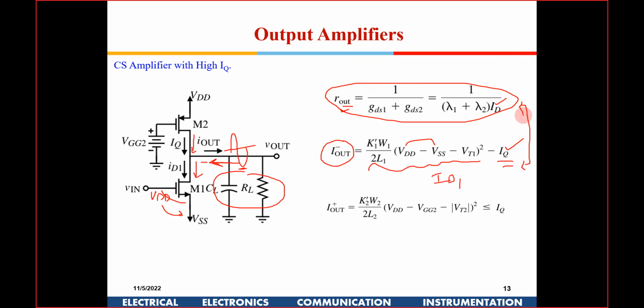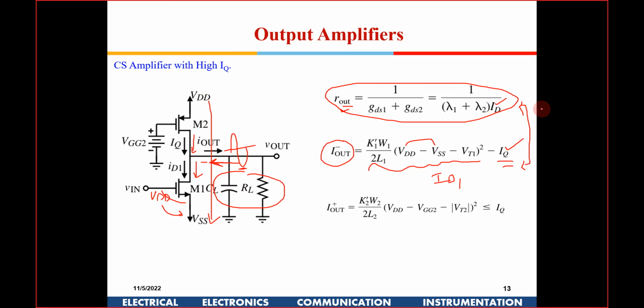Sir, in the R out equation, that ID is IQ or ID1? No, that is the same. ID is IDQ in that case. ID is the bias condition. We are not talking about the load there. The biasing condition will be the same current flowing from here to here.